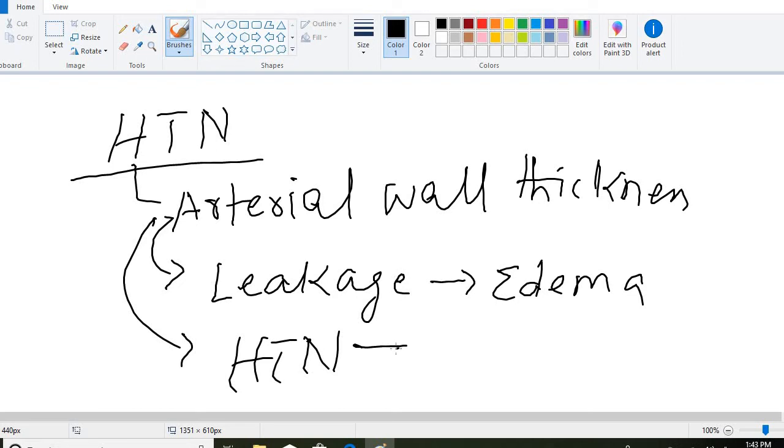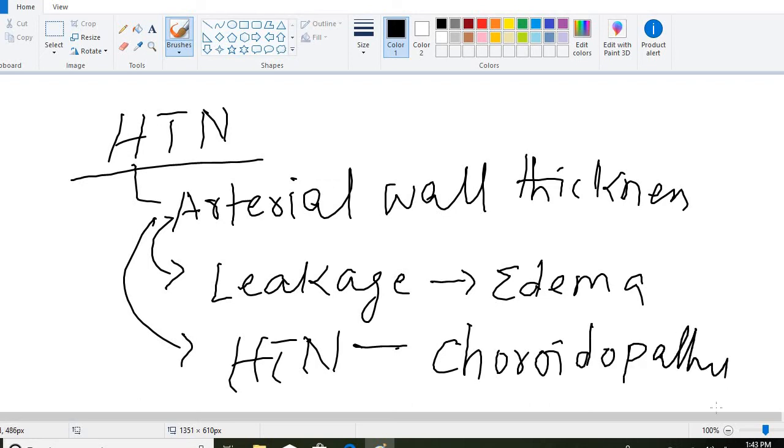And hypertensive choroidopathy may develop. So this is the pathogenesis of hypertensive retinopathy.